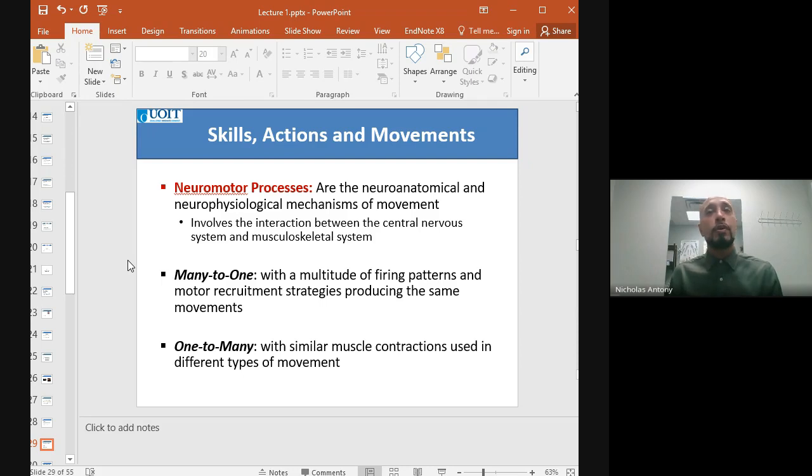So for example, to walk, you're using slow twitch, so soleus, versus if the goal is to go from one place to another, you can walk or run. Neuromuscularly, running uses fast twitch fibers, whereas walking uses more slow twitch. It's the same sort of concept, looking at it both as movements, but also neuromuscularly.